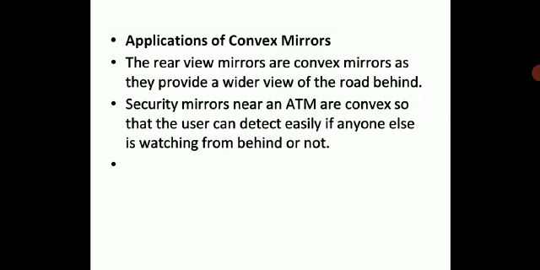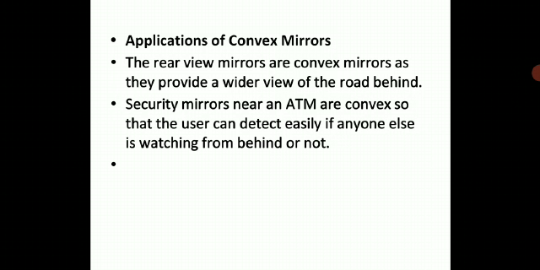The rear view mirrors are convex mirrors as they provide a wider view of the road behind. So in cars and vehicles, the rear view mirrors are all convex mirrors, because though the image formed is very small, they cover a wider field. That's why we use a convex mirror and not a concave mirror there.